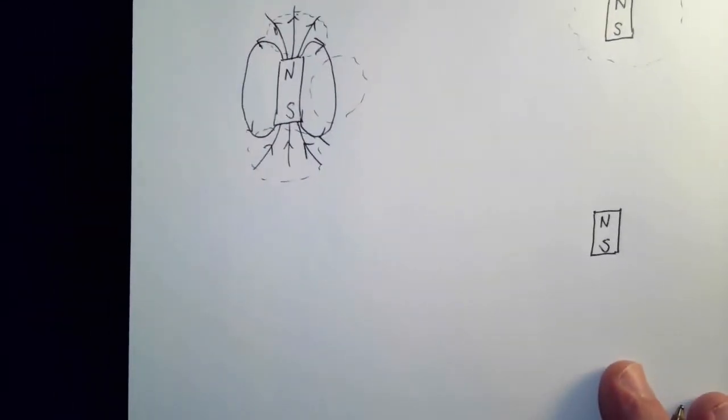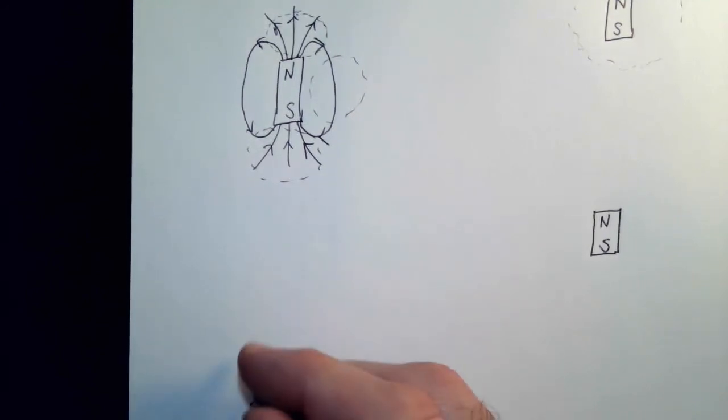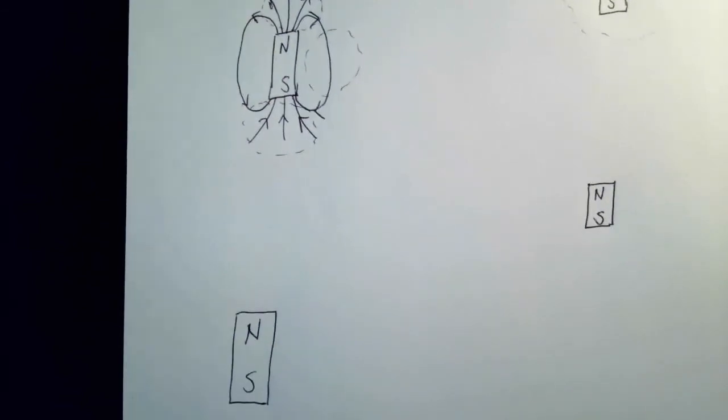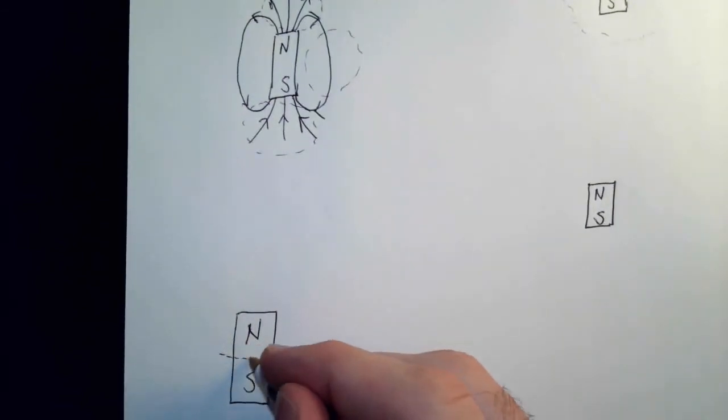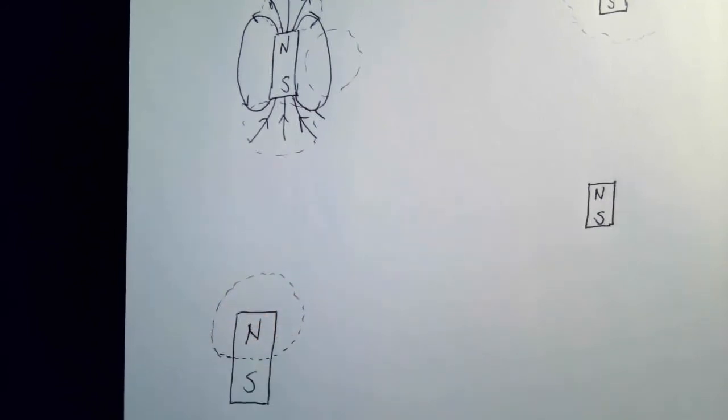Now, you might wonder, what if I have a bar magnet and I draw my surface like this so that it includes only the north pole of the bar magnet? Here again, there is an unwritten, understood south pole right here and north pole right here.